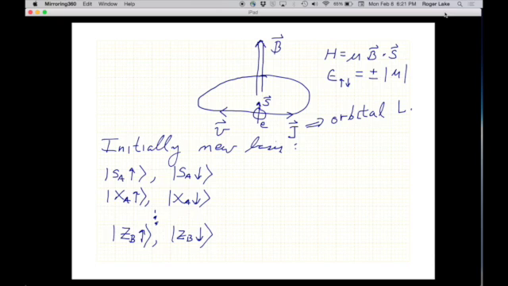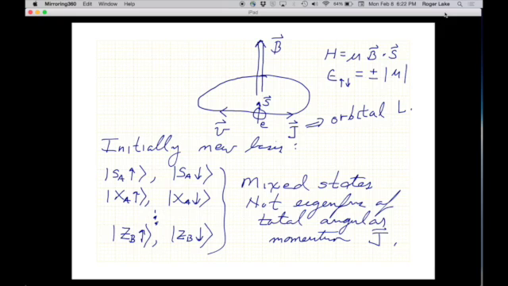But these are what's called mixed states. They're not eigenfunctions of the total angular momentum. So J is a total angular momentum. And the procedure we're going to do to evaluate these matrix elements is to do a change of basis so that our new basis will be what they call pure angular momentum states.